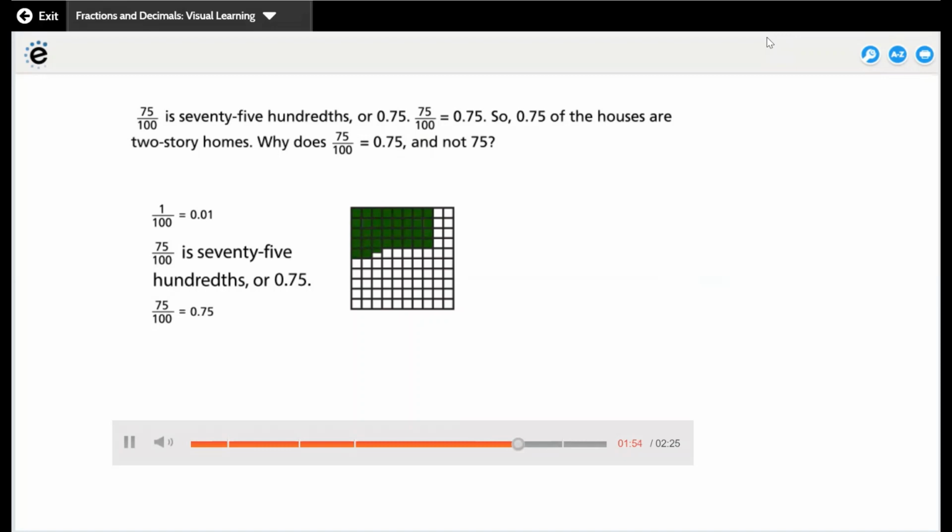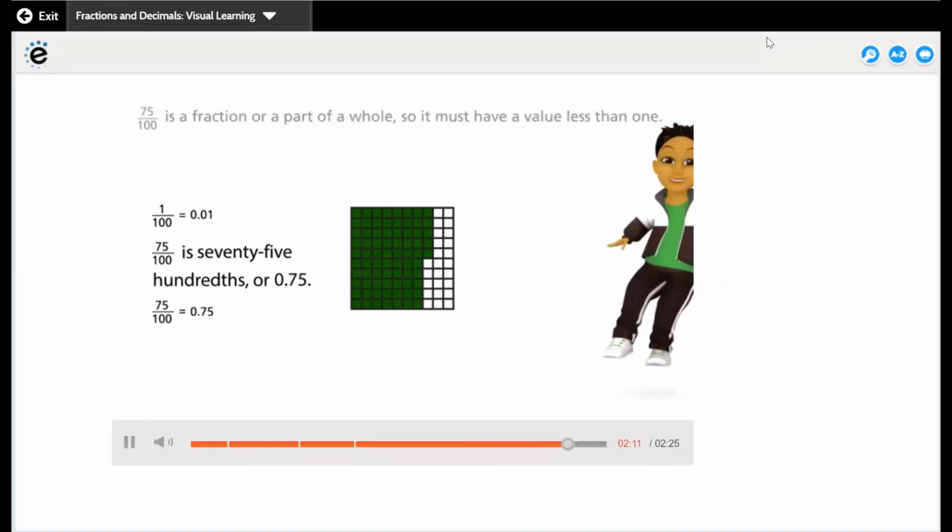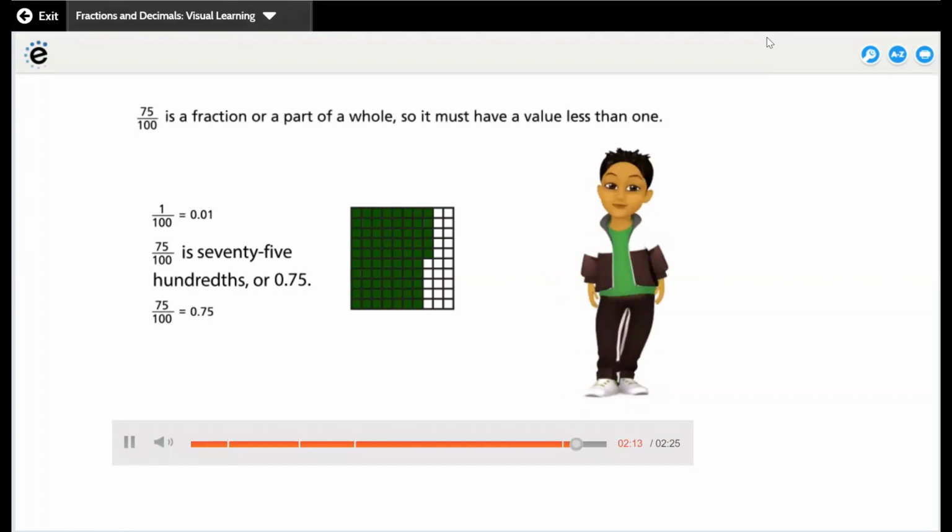So 75/100ths of the houses are two-story homes. Why does 75/100 equal 0.75 and not 75? 75/100ths is a fraction, a part of a whole, so it must have a value less than 1.